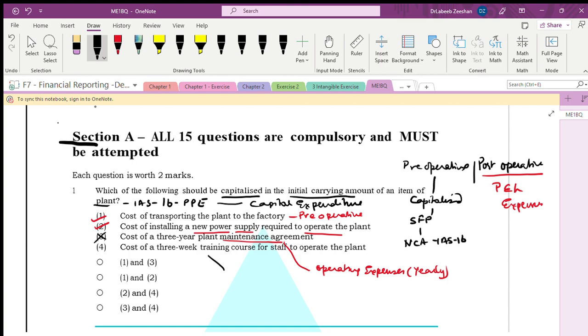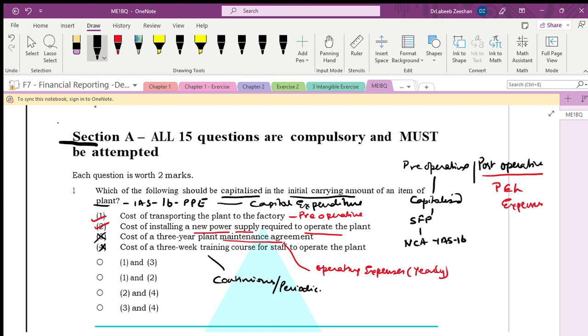Staff training is also a continuous, periodic process. Every year it happens. When we are paying the staff, it is salaries. The training cost is also treated on a yearly basis, so that is also not capitalized.